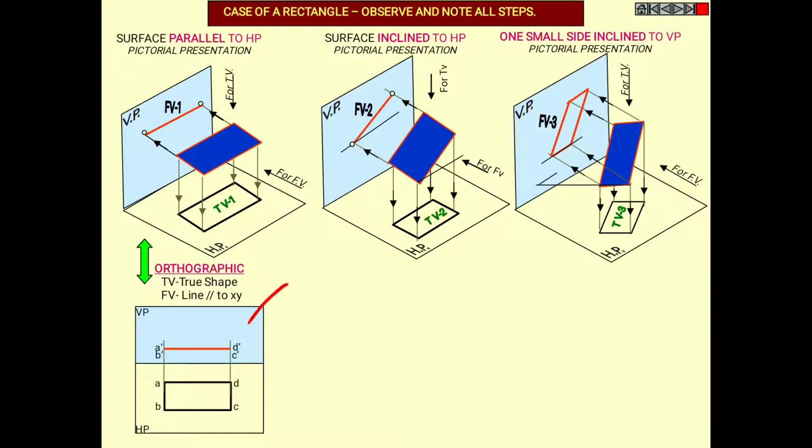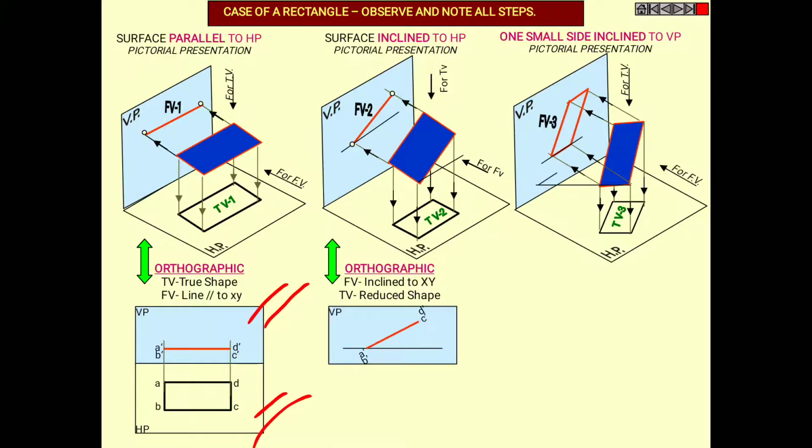This is for your first case, top view, and this is your top view and this is your front view. And in the second case, the inclined part will be seen in your VP and the rectangle part with the projection of that inclined line will be seen in your HP.